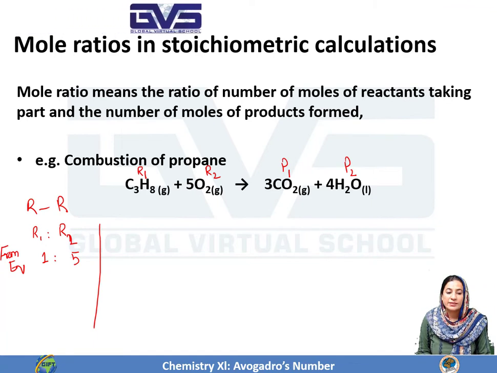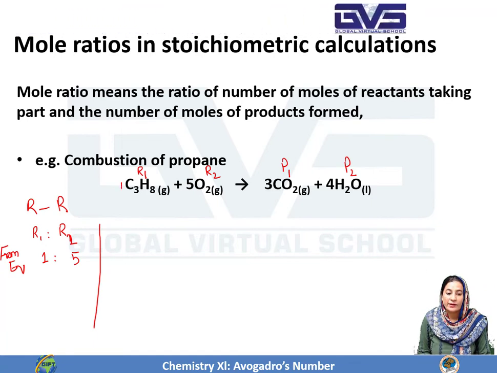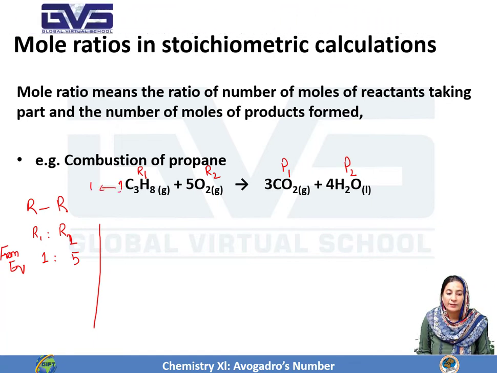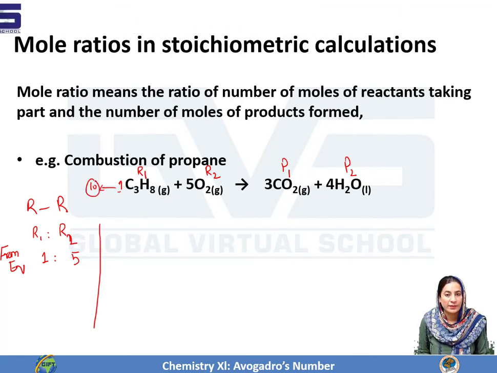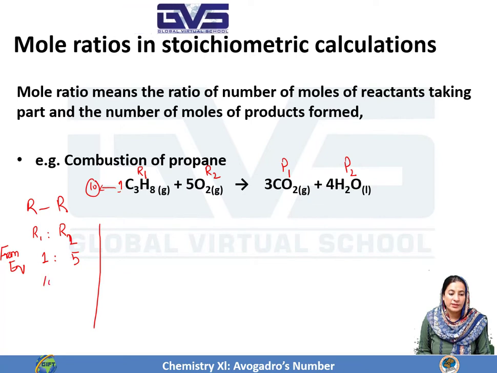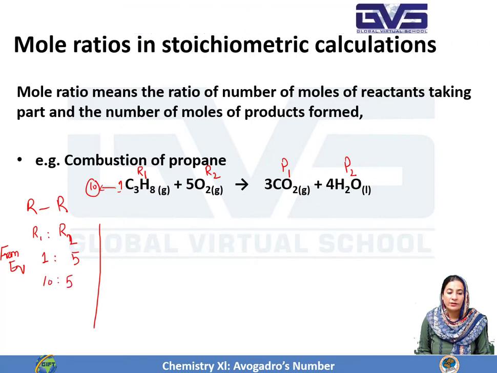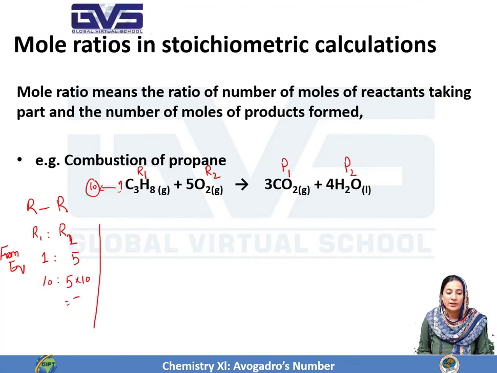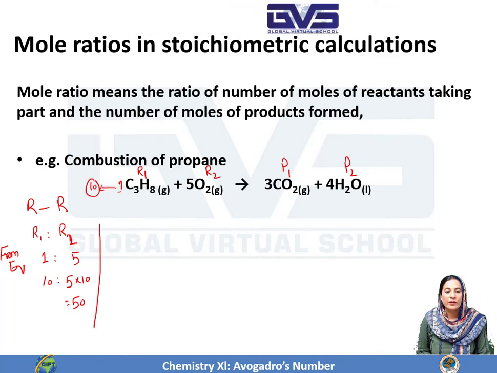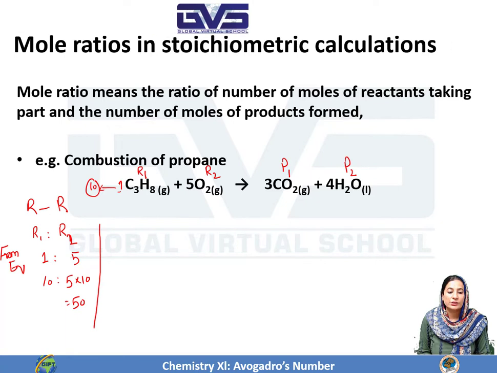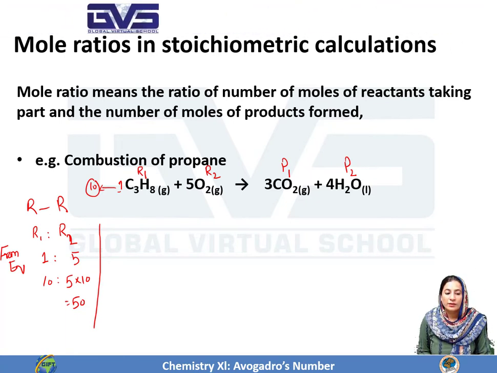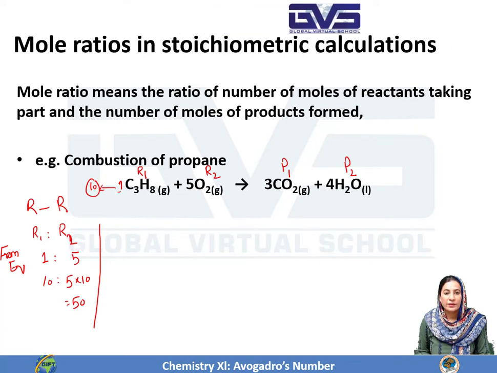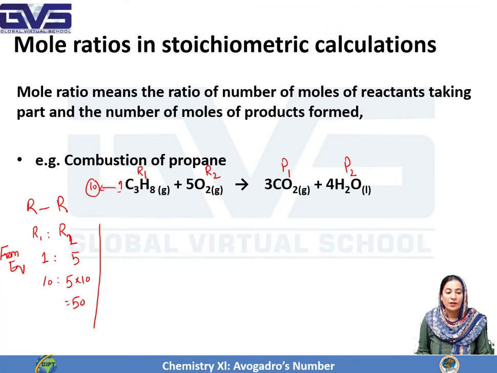If I increase this from 1 to 10, then how many moles of oxygen will there be? If it is 10, then it will be 5 into 10, which is 50. Hopefully this is clear. If I increase this to 5, then it will be 5 into 5, that will be 25.